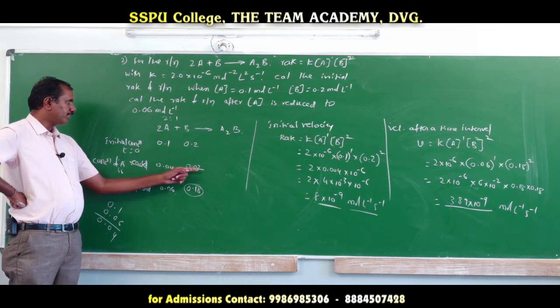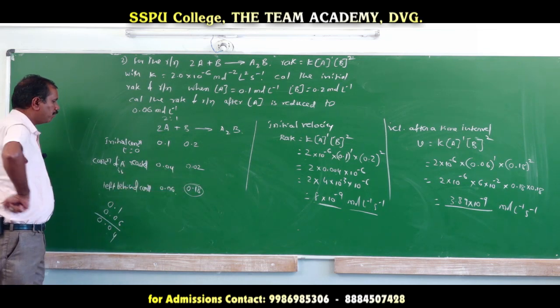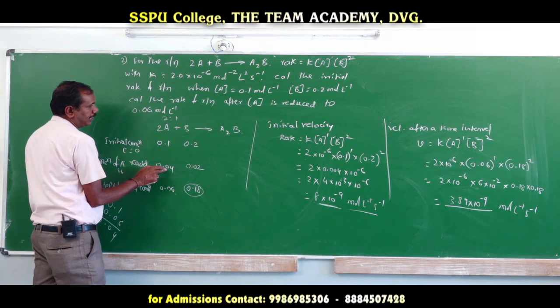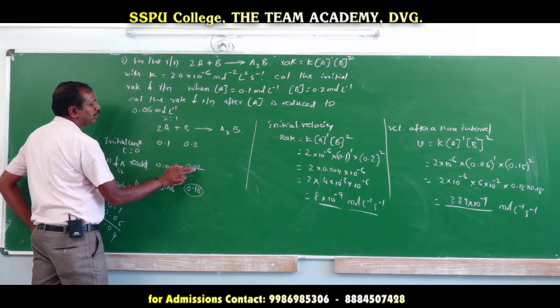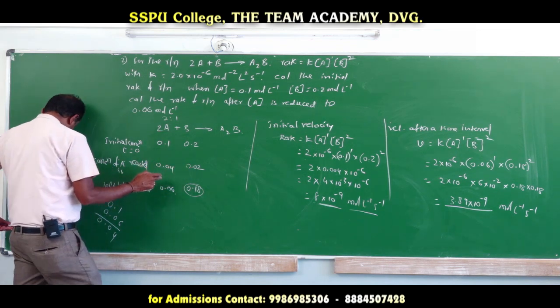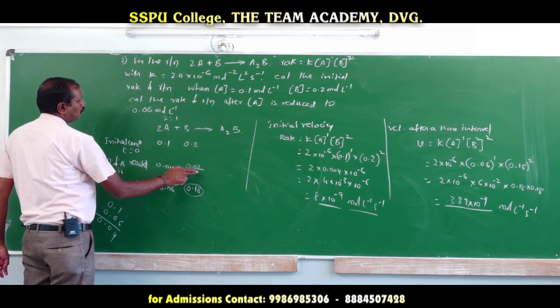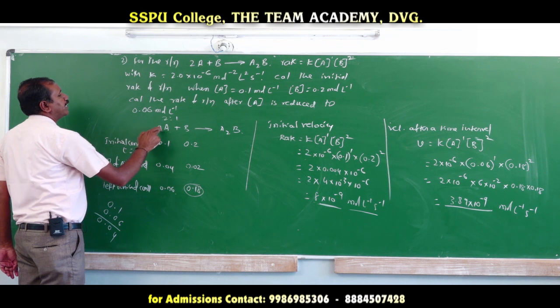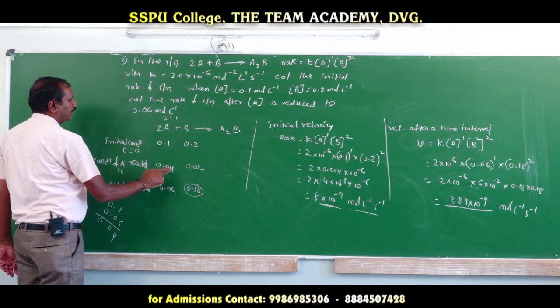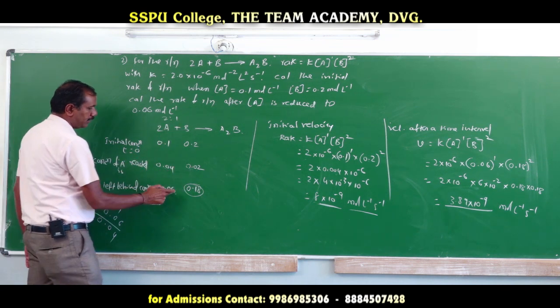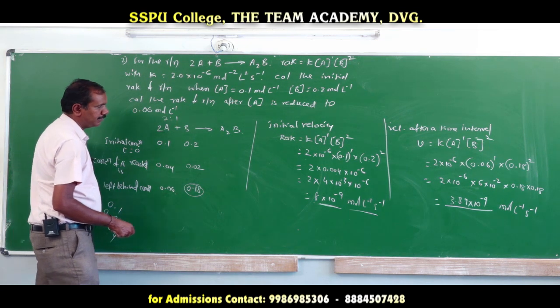We don't know the concentration of B left behind. If 0.04 of A reacted, it should be 0.02 of B. Why? If 2 moles react, this should be 1 mole. So we can get this answer.